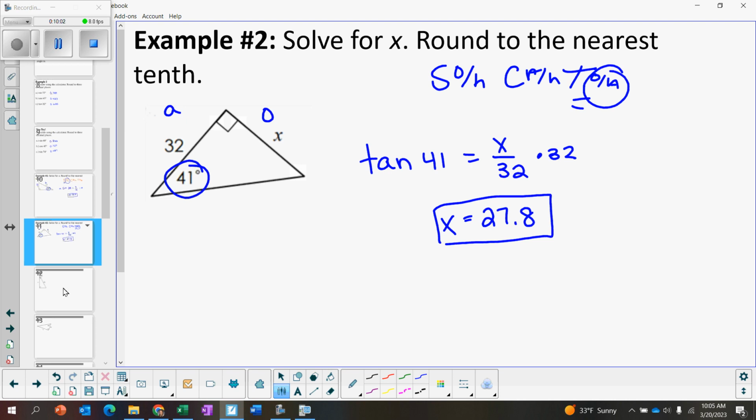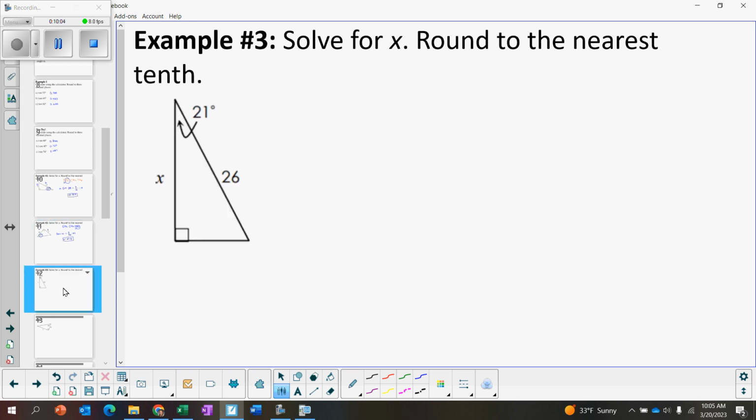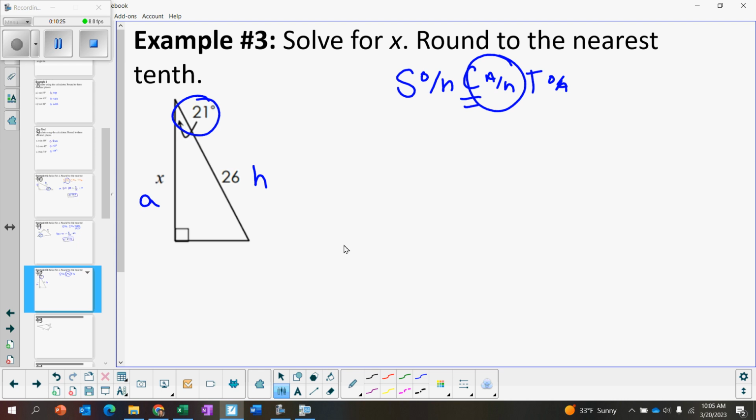All right, let's keep it going here. We have quite a few examples to try. Okay, here's our angle. This is our hypotenuse. This would have been opposite. So out of SOH CAH TOA, A and H is cosine.